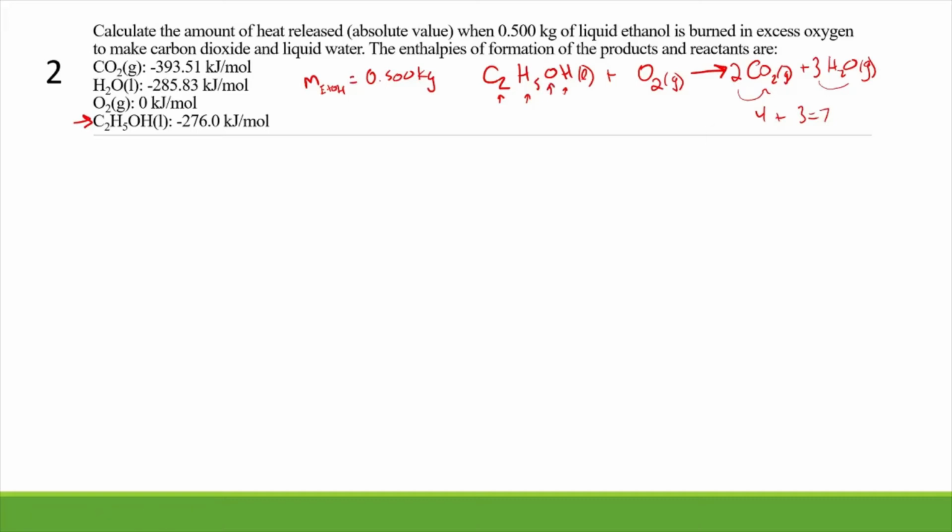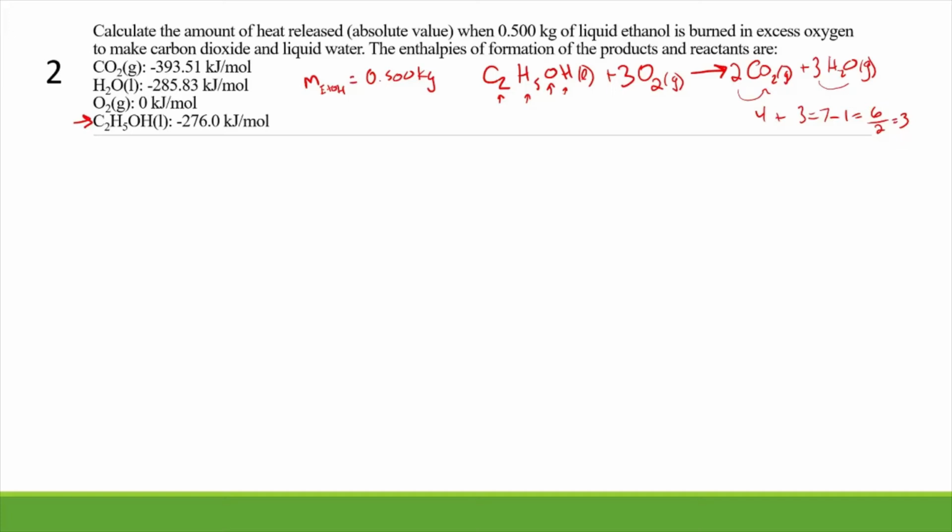So there's 1 oxygen, so we need to subtract 1. That gives us 6. Take that number, divide it by 2. That's what goes in front of O2. So there you go. So now we have our balanced reaction. I don't know if that makes sense, but if it doesn't make sense, just balance it the old-fashioned way, but do oxygen last. Do carbon first, then hydrogen, then oxygen to balance these.